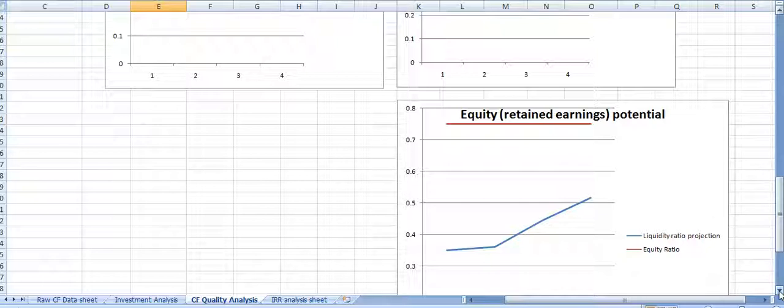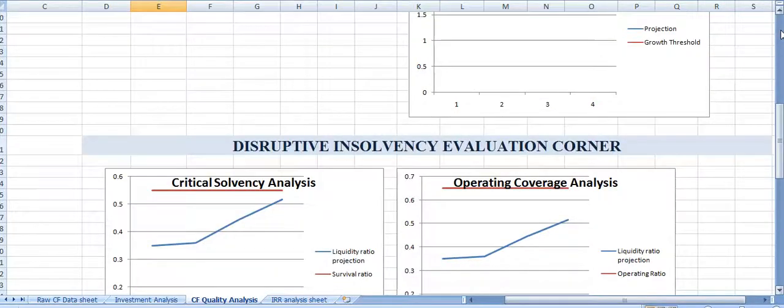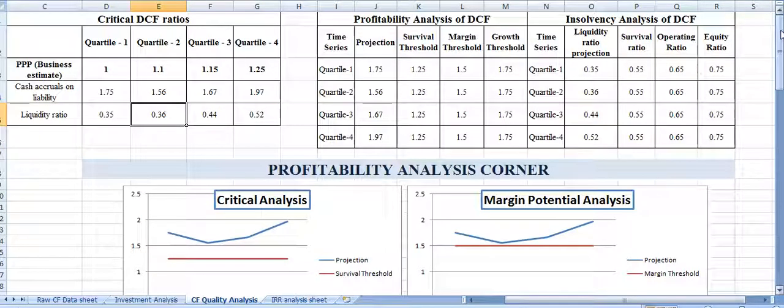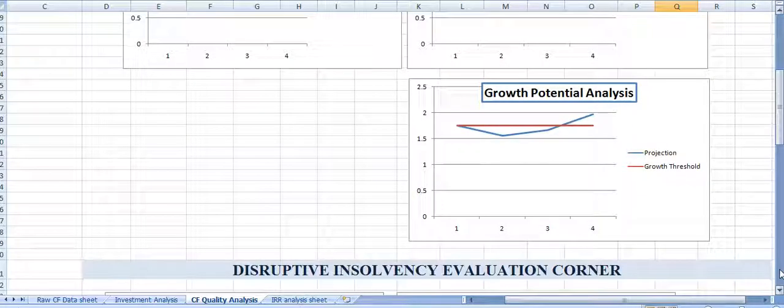So I believe now the students have got enough insights into understanding the potential of the project. They're looking at the criticality of the project and the profitability analysis, but also not to be caught up only with the rosy scenario or profitability. The profitability might look good on paper, but in this illustration, the insolvency threat is real and very, very dangerous.